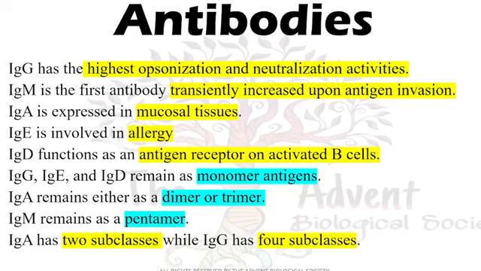IgA has expression in the mucosal tissues, that means the tissues involved in the collection of cells which secrete mucus. Okay, the sticky type of liquid which has different functions at different organs of our body. They play an important role in the immune system by forming the primary barrier of our immune system.